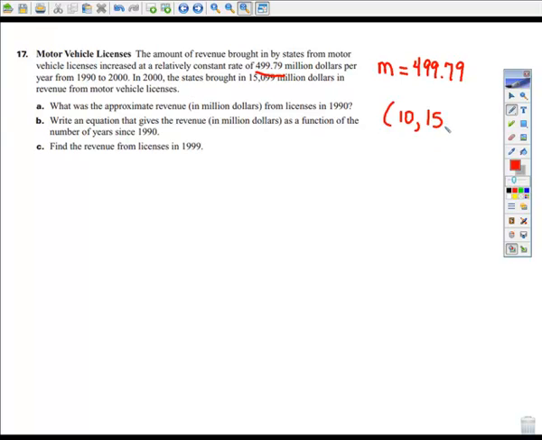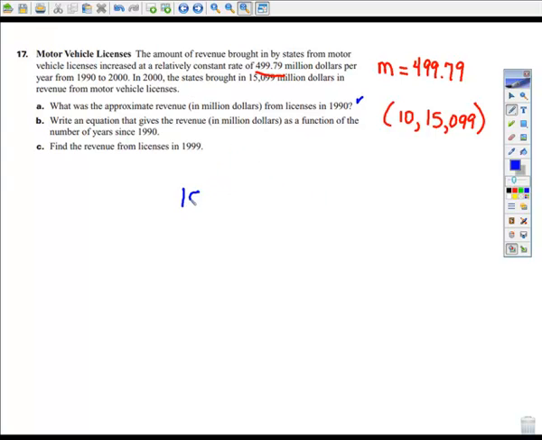And that year brought in 15,099 million. That's just a weird number to say. Okay, so now part A. It says, what's the approximate revenue in millions of dollars in 1990? So we're looking for the money brought in basically in year 0. So that's going to be the y-intercept.